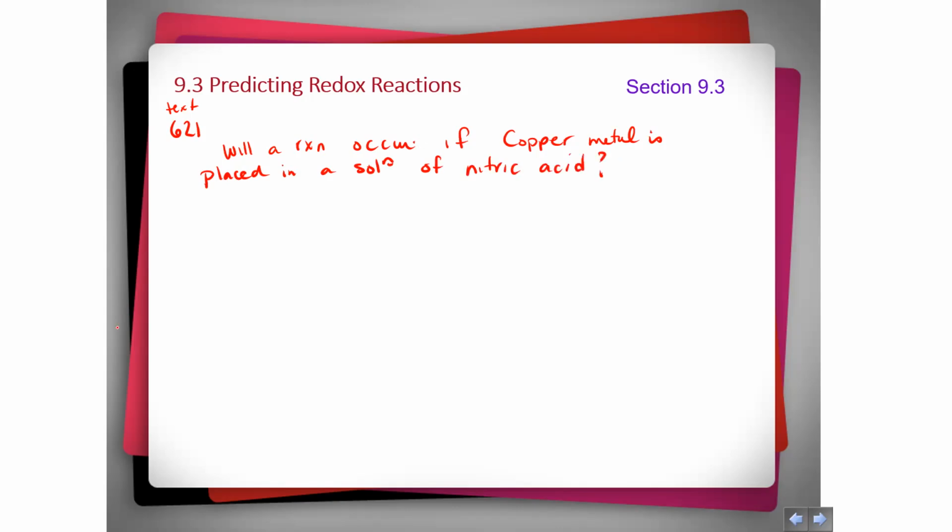Okay. All right, well, let's figure that out. And if it's yes, I want you to write a balanced redox reaction. And if it's no, then you can't.